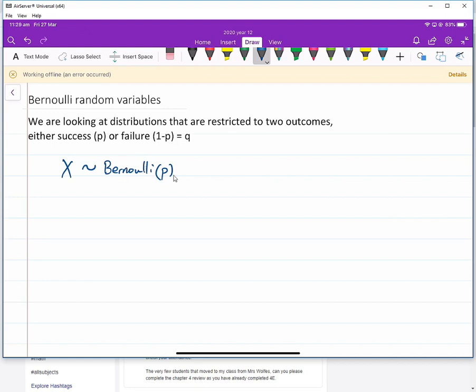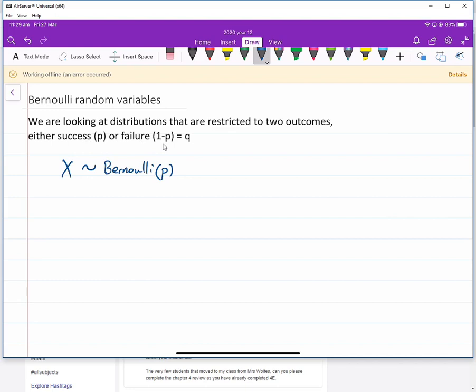We have seen other ones like normal distributions with continuous variables. However, because this is either a success or a failure, we would say that this is a discrete variable, where we're going to assign either 0 or 1 as our results: success is 1 and failure is denoted as 0.